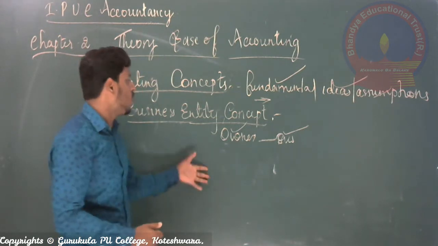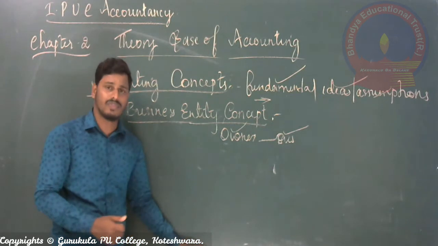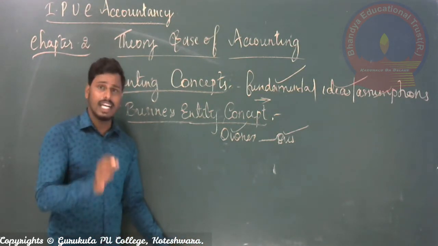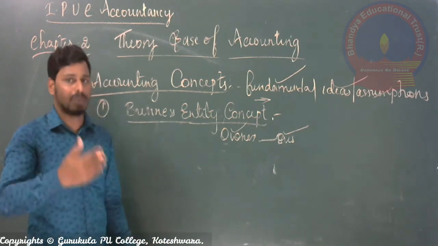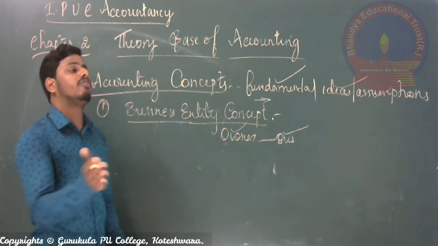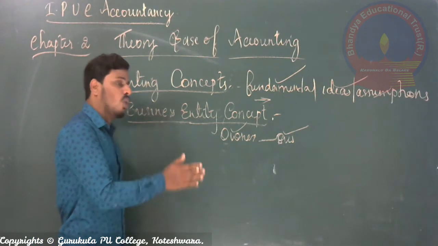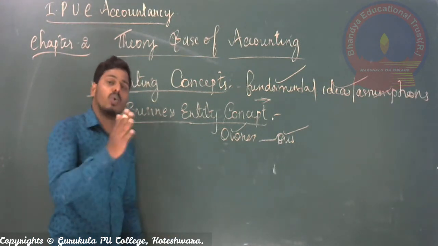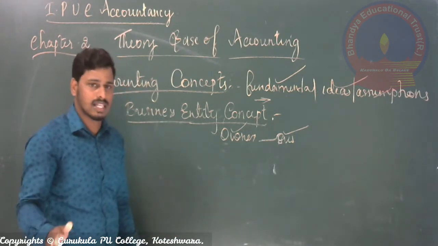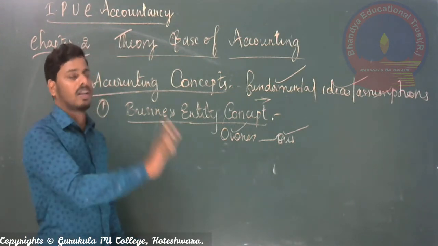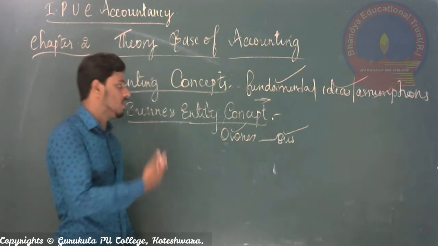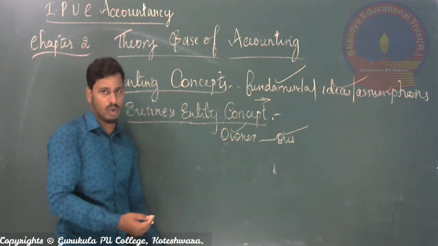To conclude the meaning of the business entity concept: in the business entity concept, everything is recorded from the point of view of the business organization, not from the point of view of the owner. The owner is the person who actually invests money in the business concern, and the business has an obligation to return it to the owners of the organization.